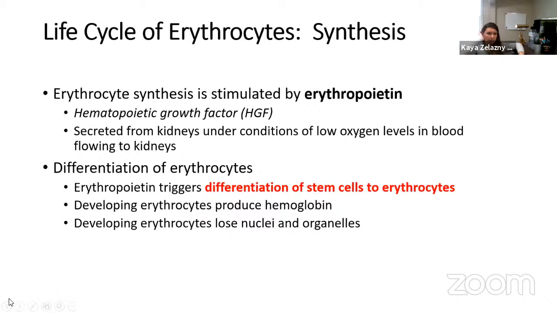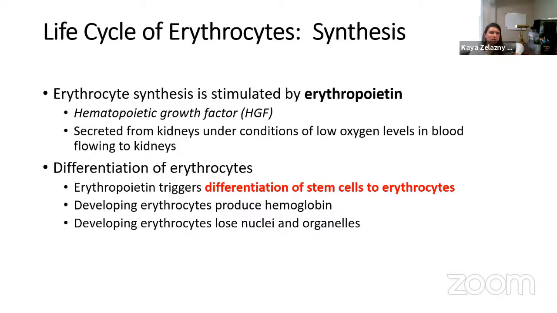Okay. So here we're talking about their synthesis or their birth, right? So how are we making these red blood cells? Basically, your body knows to make red blood cells, and I should say here, really how many red blood cells to be making, because as we just saw, we're making them all the time.